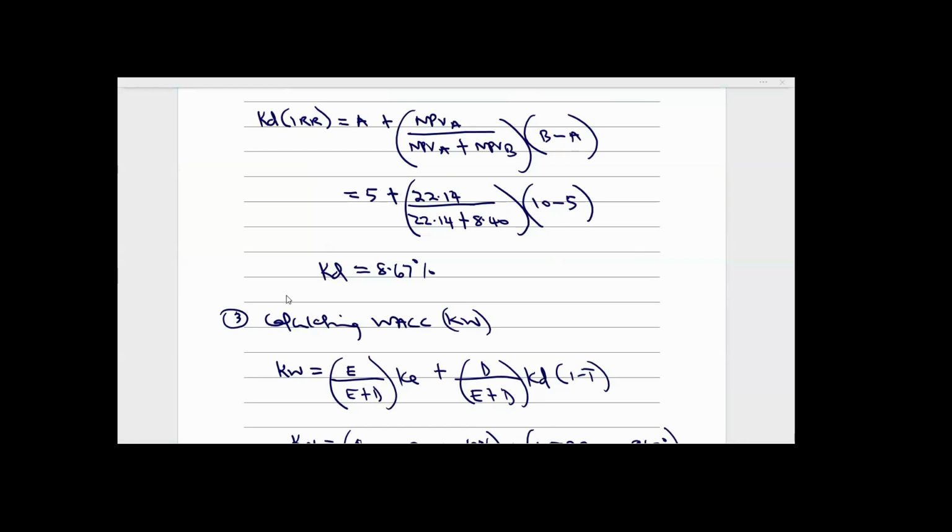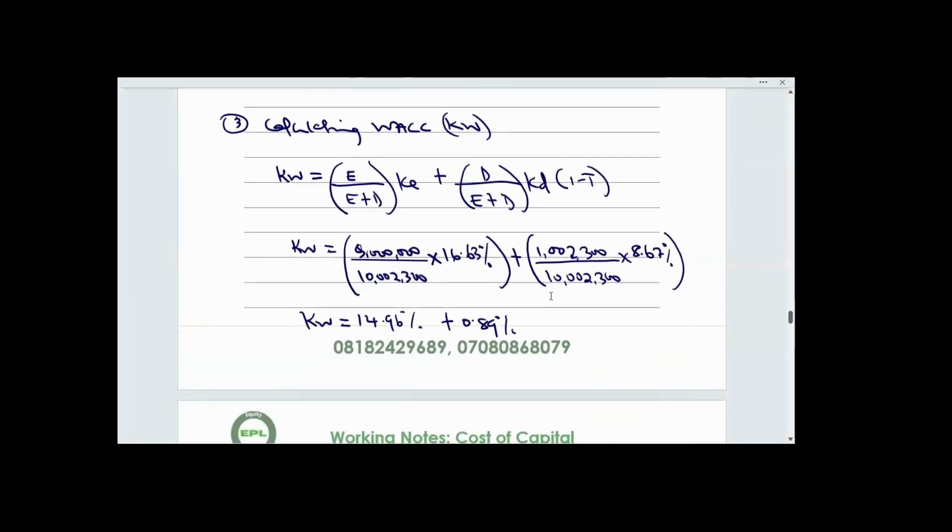Then multiply by the difference between 10 and 5, which is 5. Equal. Then plus 5. Equal. That's 8.62. This is supposed to be 8.62. Thank you. All right, so here will be 8.62.